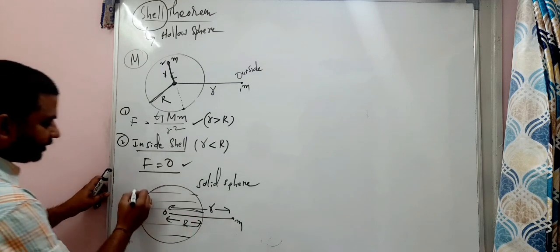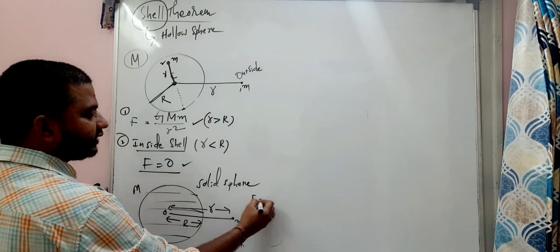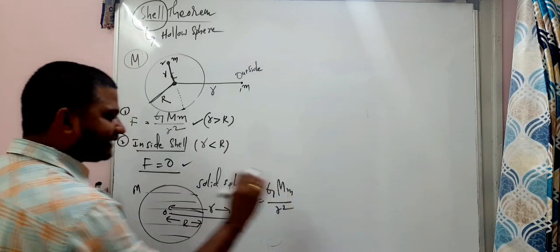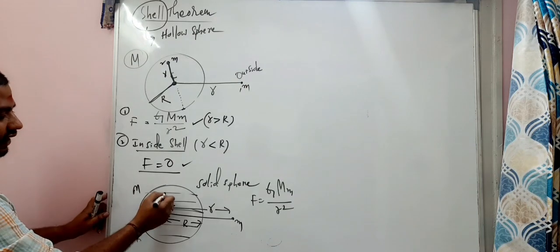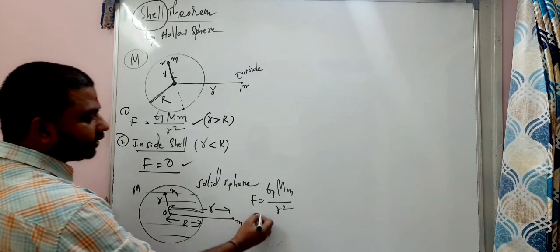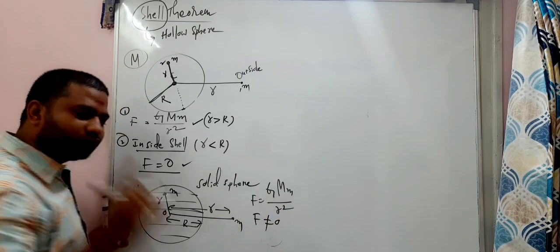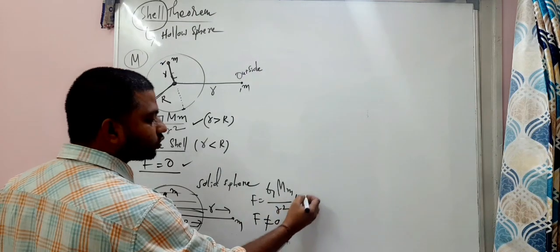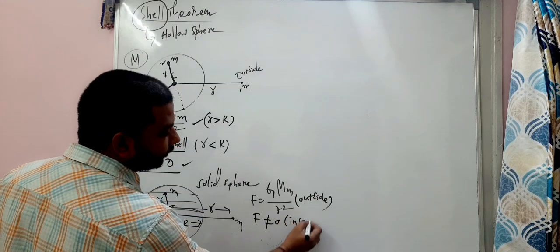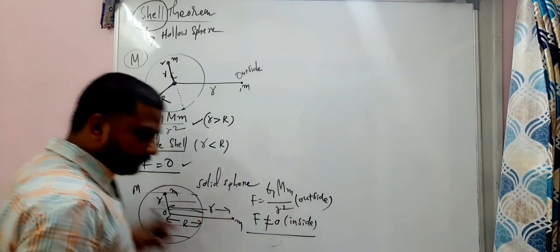This is small m and this is capital M. In the first case, F is equal to G capital M small m by r square, as it is outside. And inside, the mass is kept at a distance r. Here inside, F is not equal to 0. There is some value. So this is the outside point, and this is the inside point, my dear students, right?